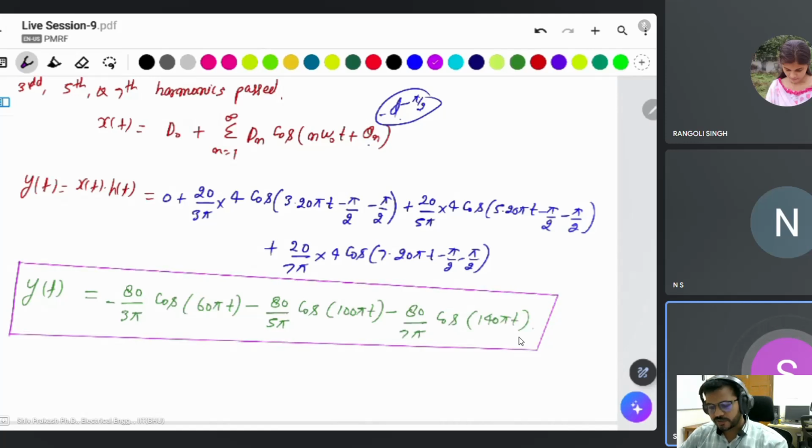This is the answer of this question. Only these signals are passing through the filter.